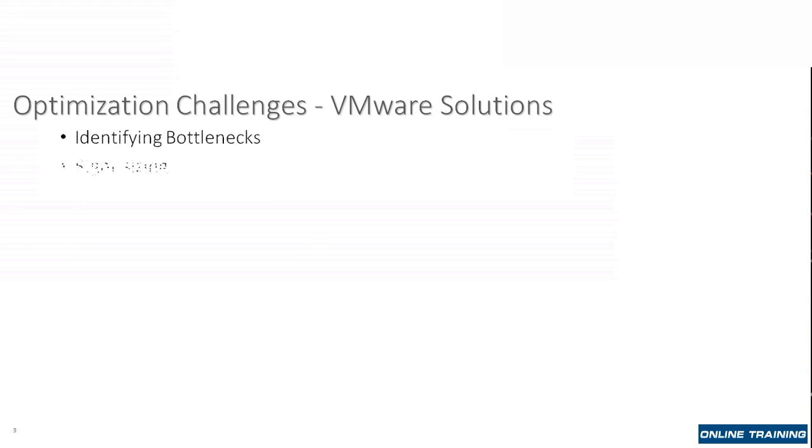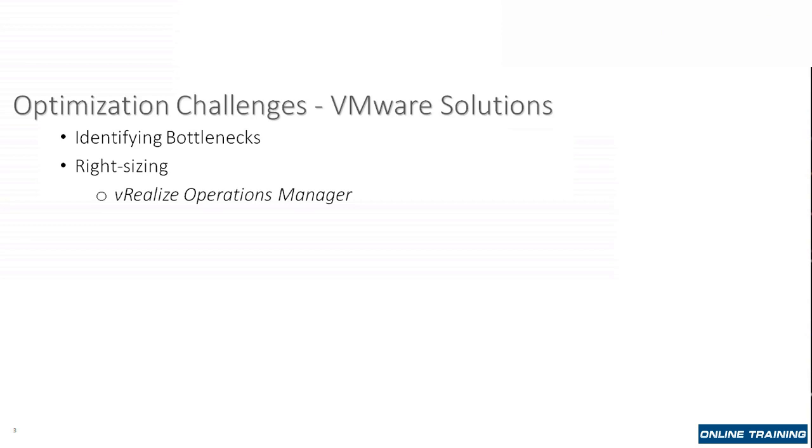For the first two optimization challenges, identifying bottlenecks and right-sizing our virtual machines, we can use vRealize Operations Manager. It provides us a simple dashboard-based tool. Essentially, it gathers all of this information from vCenter, correlates it all and analyzes it all.